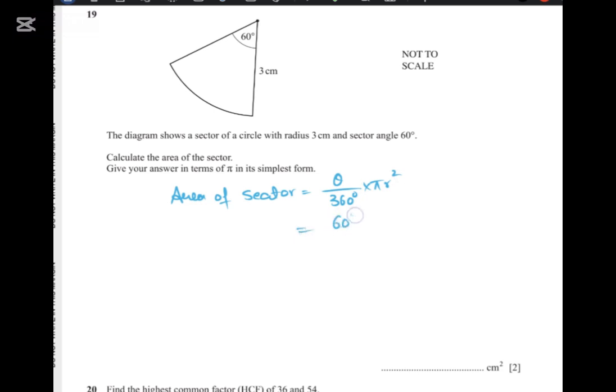Theta is 60, so 60 by 360 into pi into 3 squared. 60 times 6 is 360. 3 squared is 9, so you write pi into 9 by 6. Cancel out with 3: 3 twos are 6, 3 threes are 9. So it is 3 by 2 pi. So this is the answer.